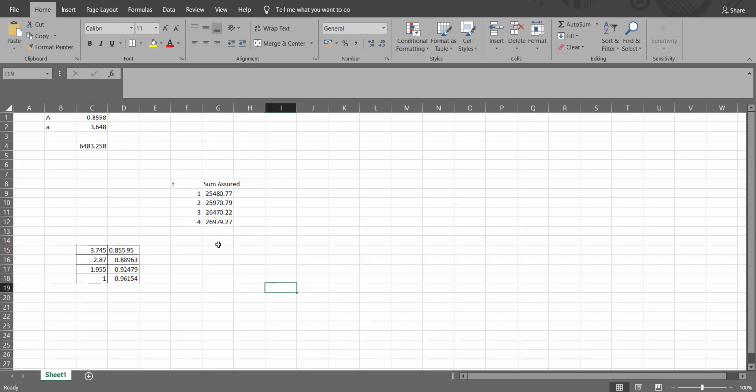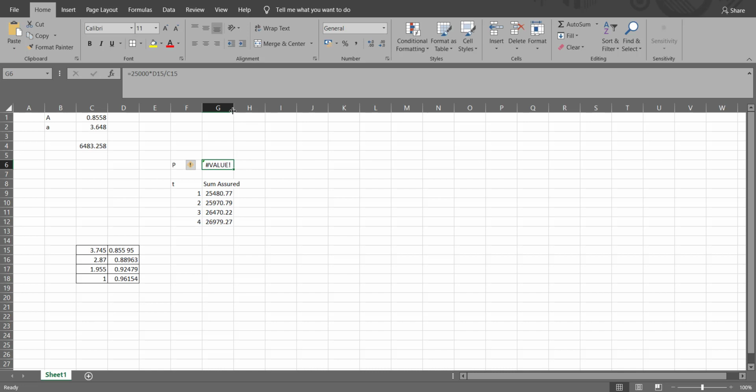Now I can calculate the premium first of all. So what will my premium be equal to? Let me call that P. So premium will be equal to 25,000, which was the initial benefit, times the assurance function divided by the annuity function.